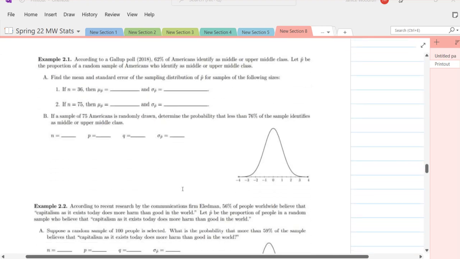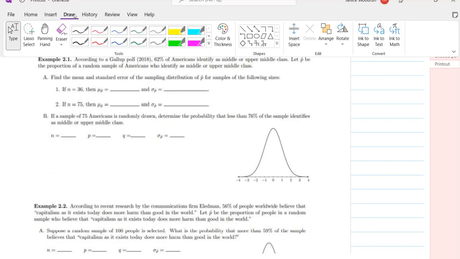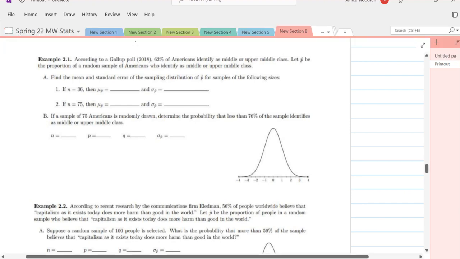All right, so let's look at an example. According to a Gallup poll in 2018, 62% of Americans identify as middle or upper middle class. Let p hat be the proportion of a random sample of Americans who identify as middle or upper middle class.